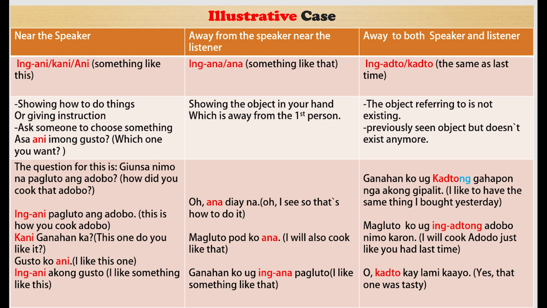So the person is no longer there. Maybe you meet him once or you meet her once, then you remember it. So you say kadto ba, kadtong ingon nimo gahapon, that one what you said yesterday, kadto. So something like it's no longer available. Kadtong gahapon. Okay?